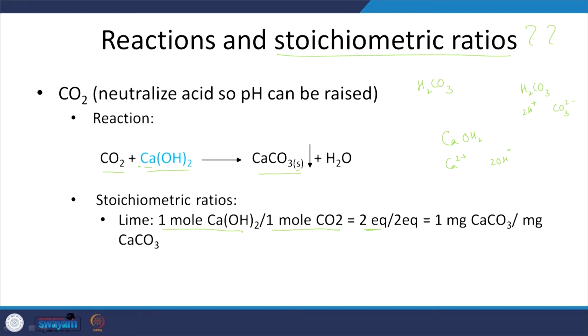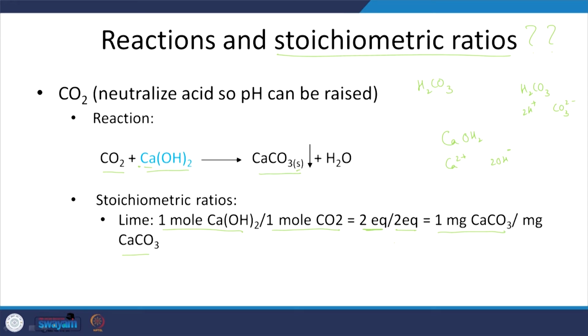So, 2 charge or 2 equivalents, let us say. So, it's equivalent to 2 equivalents per 2 equivalents, right. And then obviously, if it is equivalent per equivalent, if I want to convert it into units of CaCO3 and such, so it is 1 milligram of CaCO3 equivalent per milligram of CaCO3 equivalent, let us see, right. So, that is one thing to keep in mind, right.